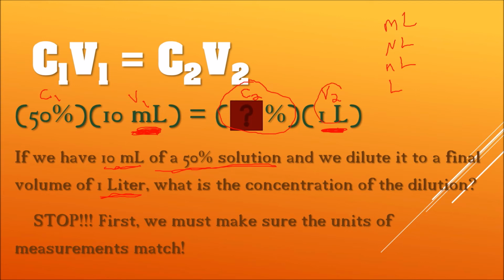So we got to take this 1 liter, and 1 liter is the same thing as 1,000 milliliters. So we're going to rewrite this on the next screen in 1,000 milliliters, so the milliliters will match up with the milliliters of V1.